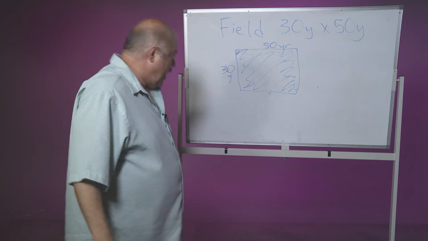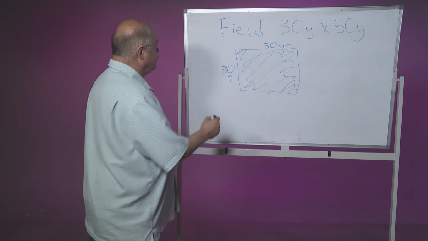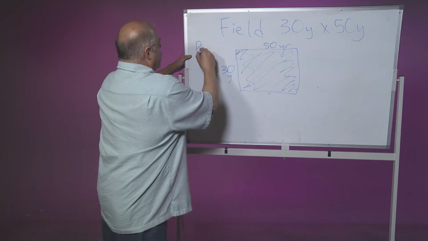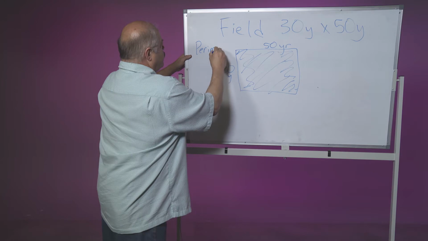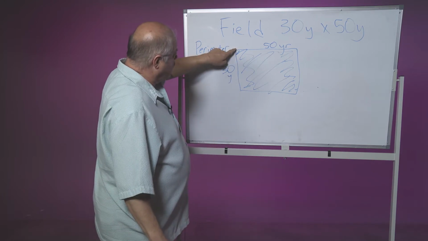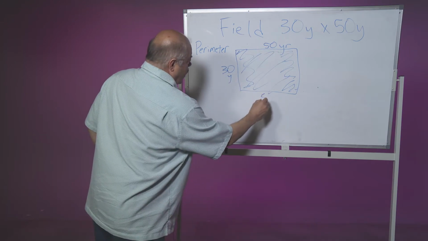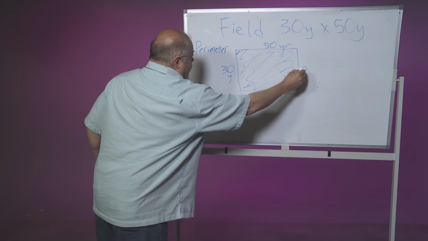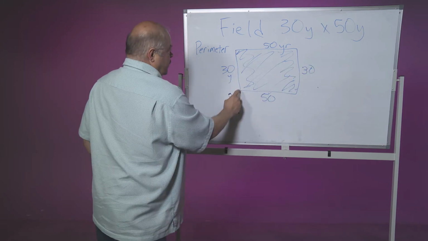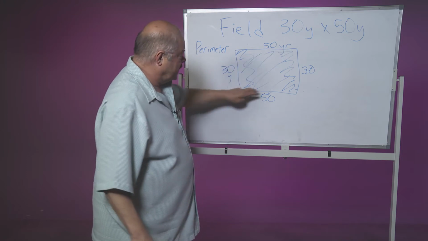So how do we find first the perimeter? So I'll write the word perimeter. It is the linear length of each side. And so we know that if this side is 30, then this side is 30. And if this side is 50, then this side is 50.